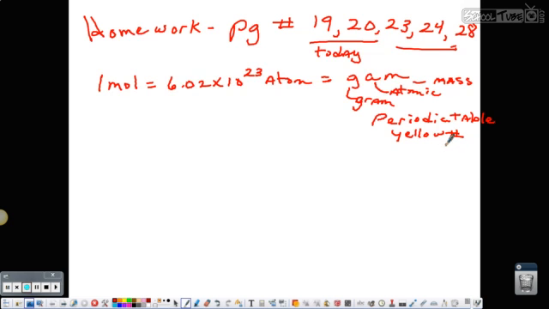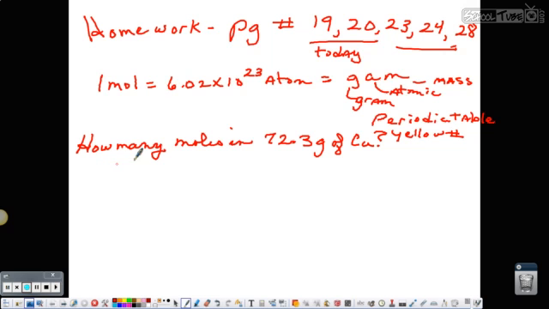All right, so I got to open my book so I can see the numbers. So I'm going to make up some problems here of each type that you can have. The first one: how many moles in 72.3 grams of copper?